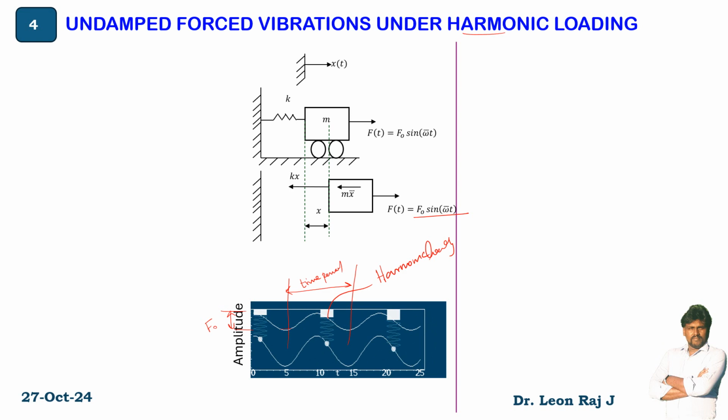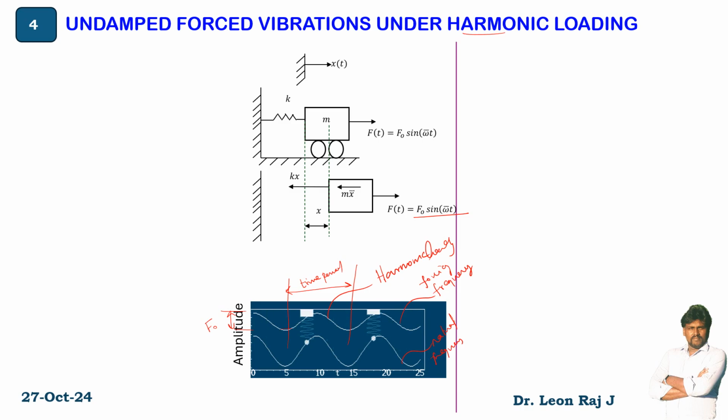One is the natural frequency, and another one is the forcing frequency. This animation gives a clear picture of how the forcing frequency and natural frequency are different, and gives a better understanding for visualization.